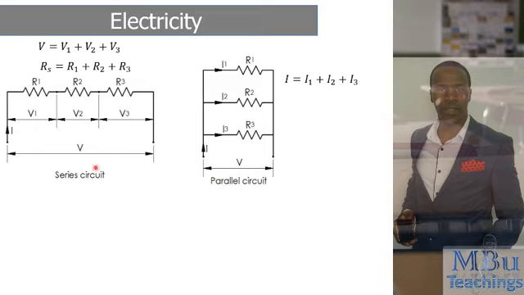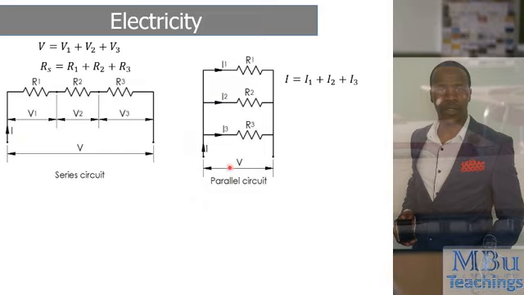When the connection is in series, the voltages will be added up, then the resistors will also be added up and form the resistance for series connection, whereas I is the same.